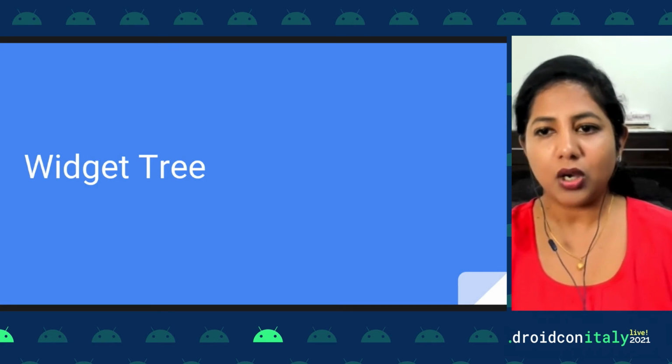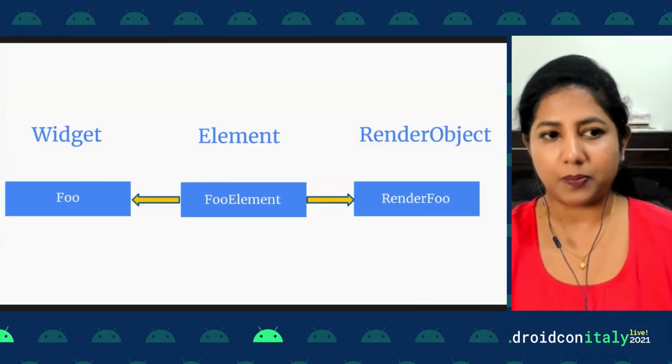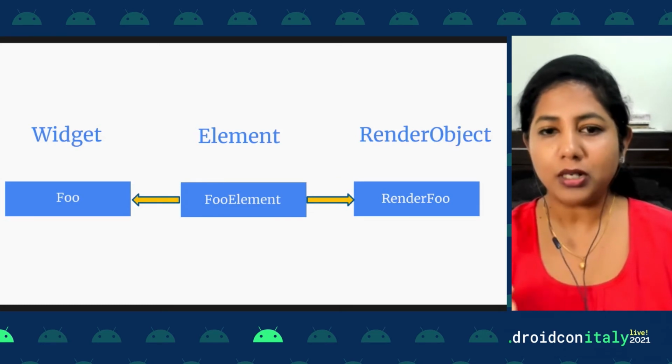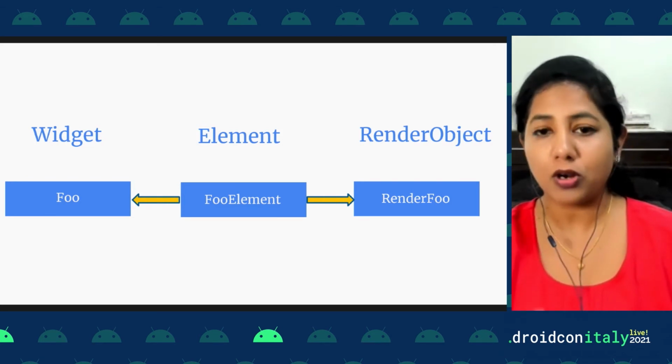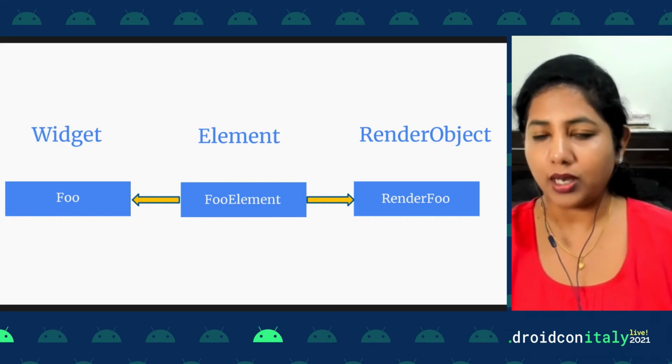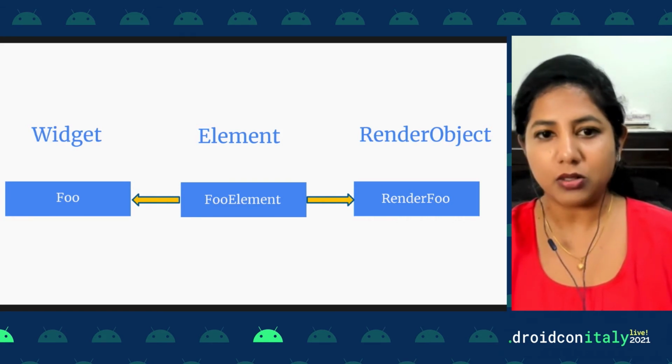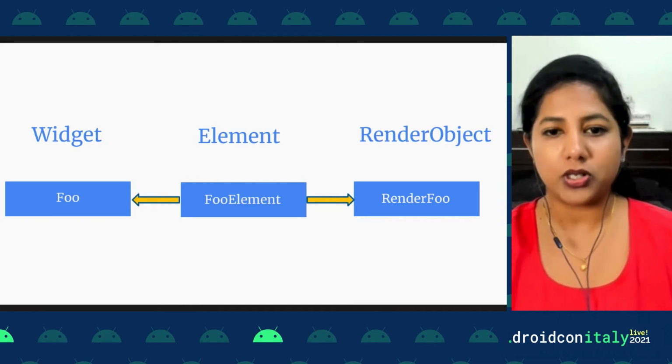So the first thing we have is the widget tree. If I have to explain it by zooming in two to three levels below, this is what really happens. You have learned that a widget contains the instructions to create a UI, and when you compose nested widgets together, they create a widget tree.